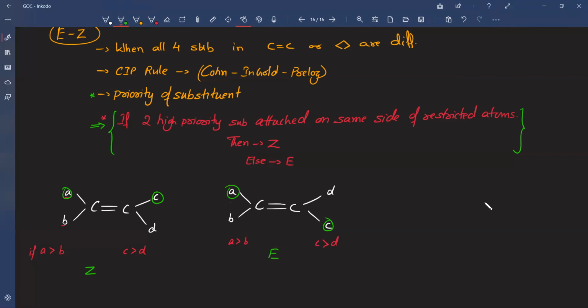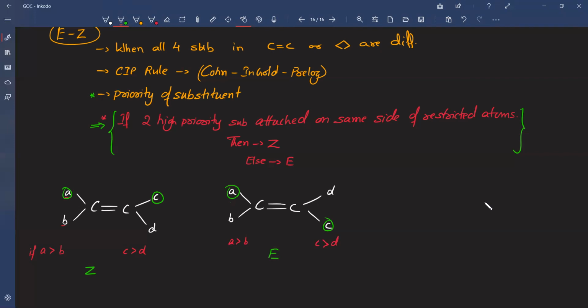Now the only thing left here is how to decide the priority. What should be the criteria for attaching priority to a particular substituent? This priority is relative.